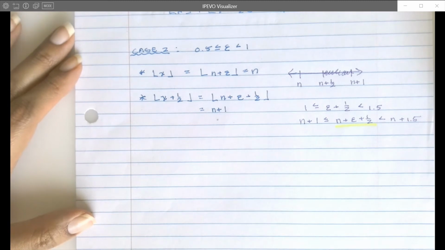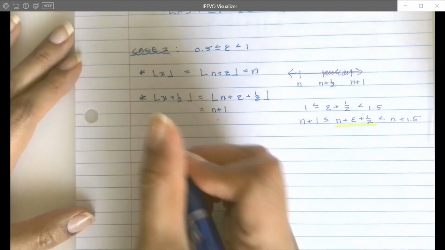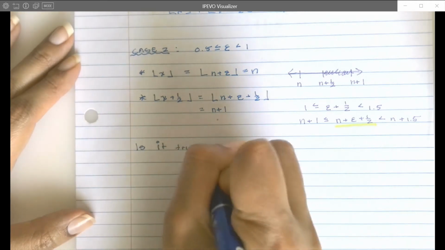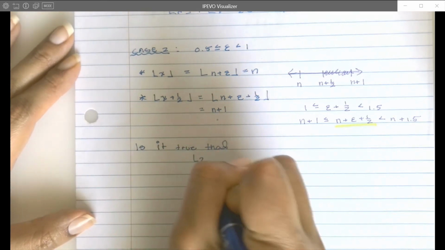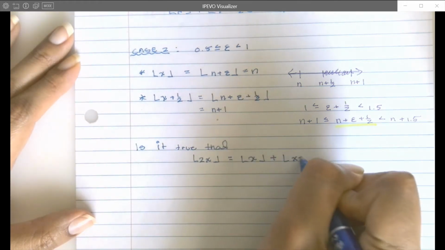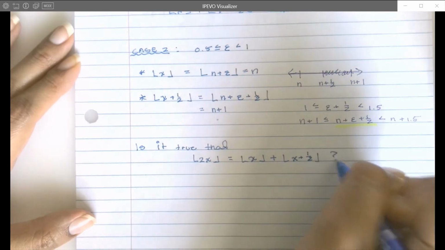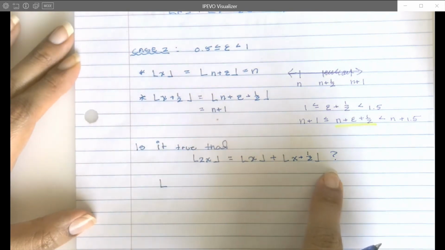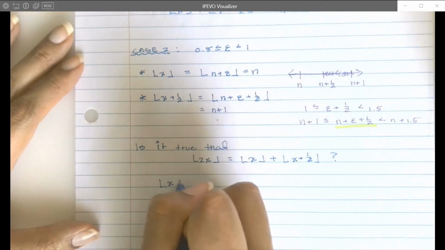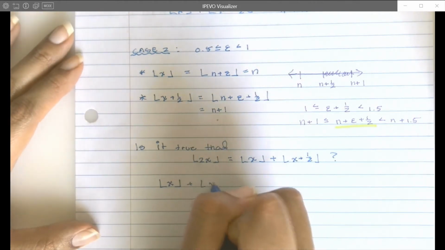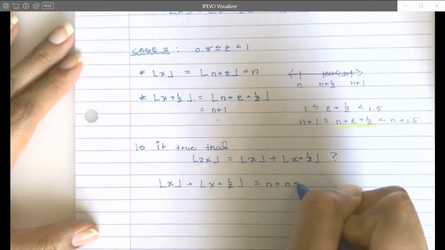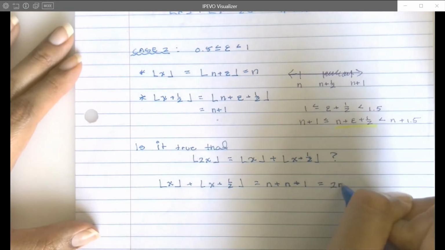Okay, so now comes the verification of the equality. Is it true that the floor of 2x is the same as the floor of x plus the floor of x plus 1/2? Well, if we take this and replace by n and n plus 1, we're going to get that the floor of x plus the floor of x plus 1/2 is simply n plus n plus 1, and that'll give us a 2n plus 1.